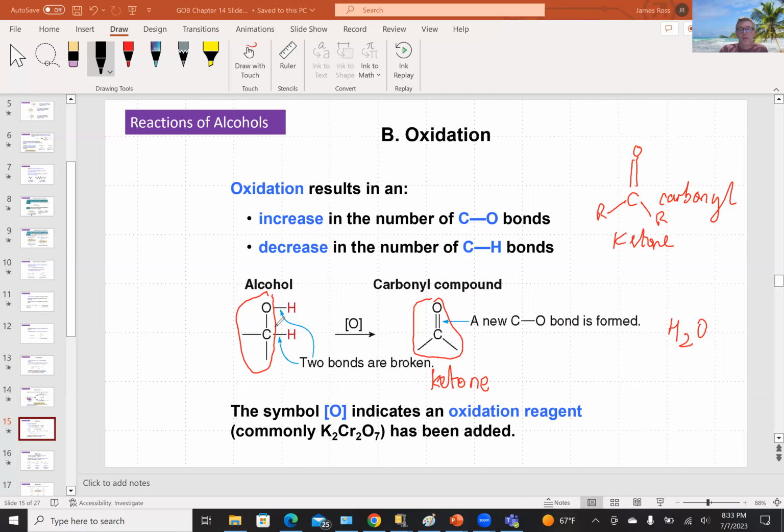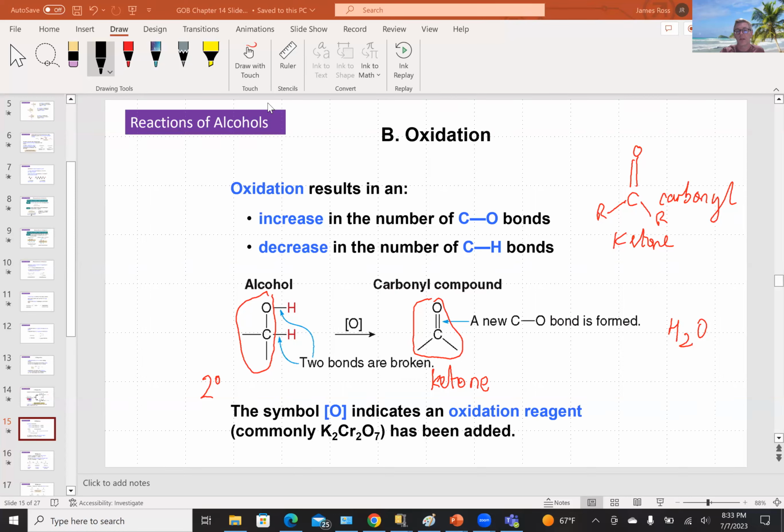What type of alcohol do we have here? Well, the carbon that contains the OH is bonded to two other carbons. So this is a second degree or a secondary alcohol. Secondary alcohols produce ketones upon oxidation. That's going to be useful later in the course.